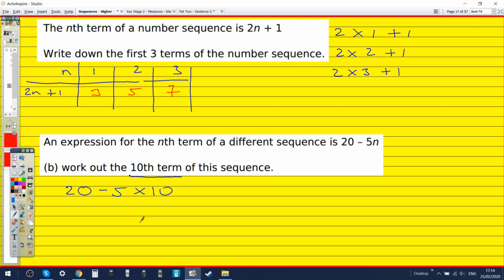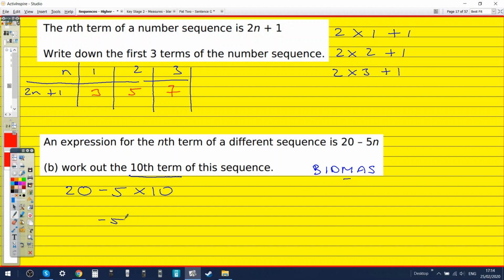Well done. Brackets, indices, then multiplication, so 5 times by 10 is 50.